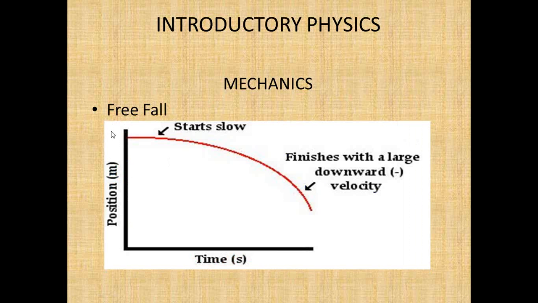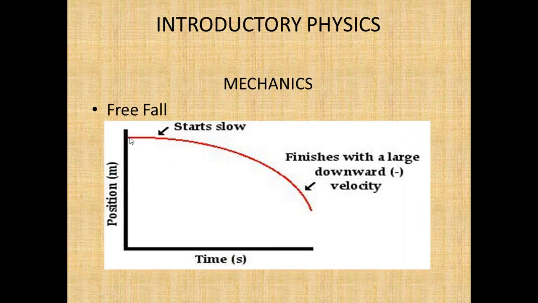If you remember your position time graph, the slope of the position time graph is your velocity. So when you have a free falling object, when you drop an object and it's in free fall, at time zero, the velocity is zero.